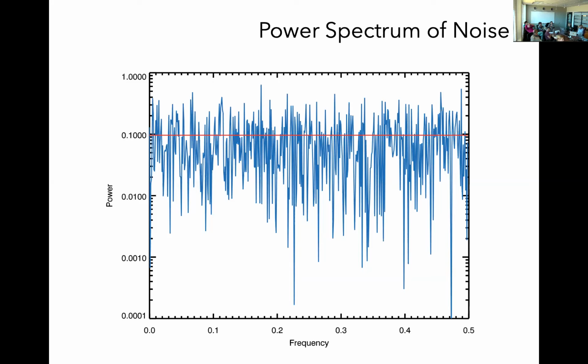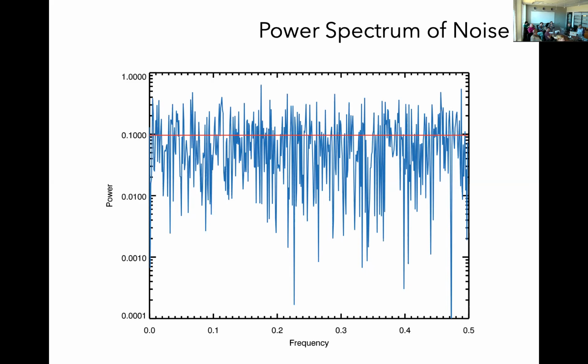But here, this is just for, say, photon shot noise, random distribution. We just have a nice flat power spectrum. And the value of that power, that average value, depends on the average noise, the RMS of your input noise image.